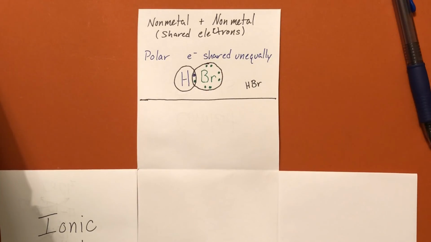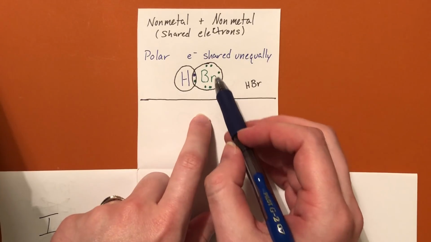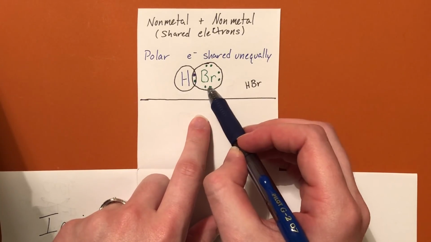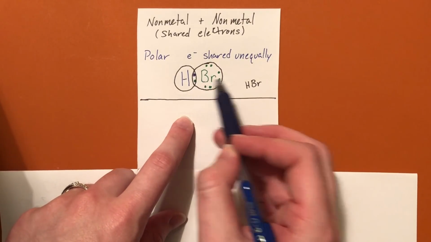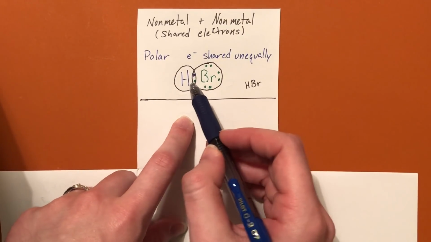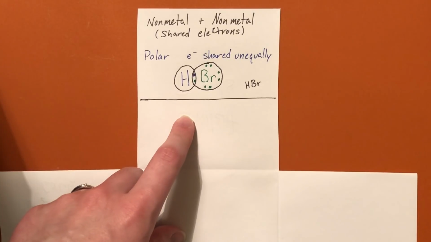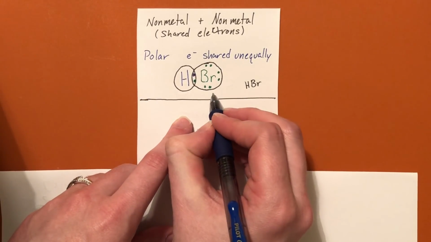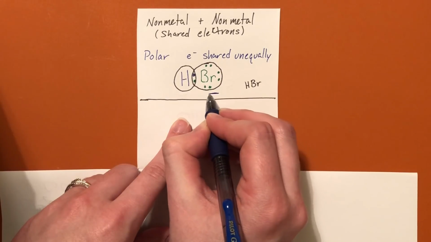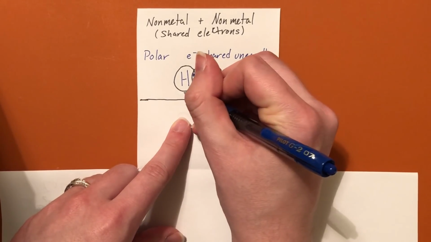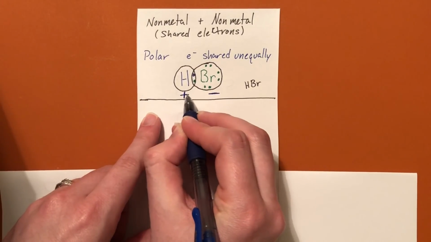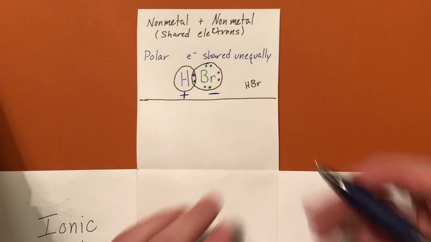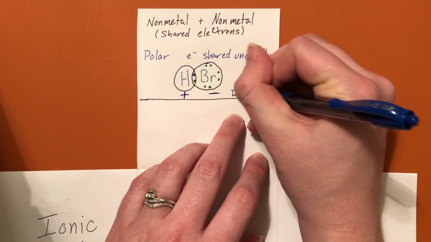But what happens is we see that bromine has a lot more electrons. Even though it's only sharing one, it's still partially getting one from hydrogen, and hydrogen is partially giving its one away. So bromine has a slight negative charge to it, and hydrogen has a slight positive charge to it. Now, these partial charges are what we call dipoles.